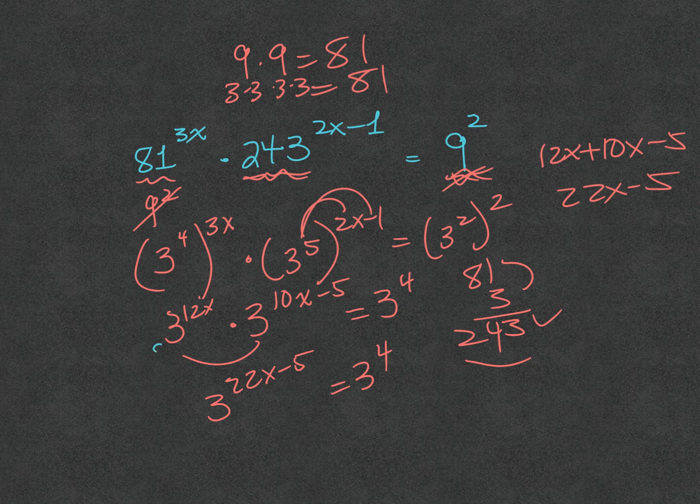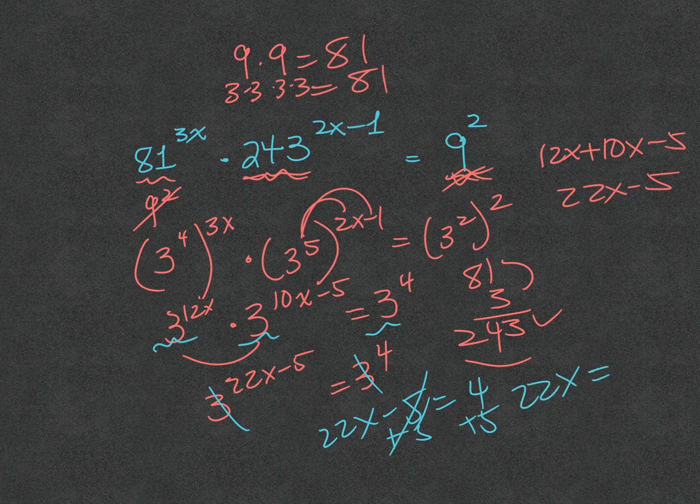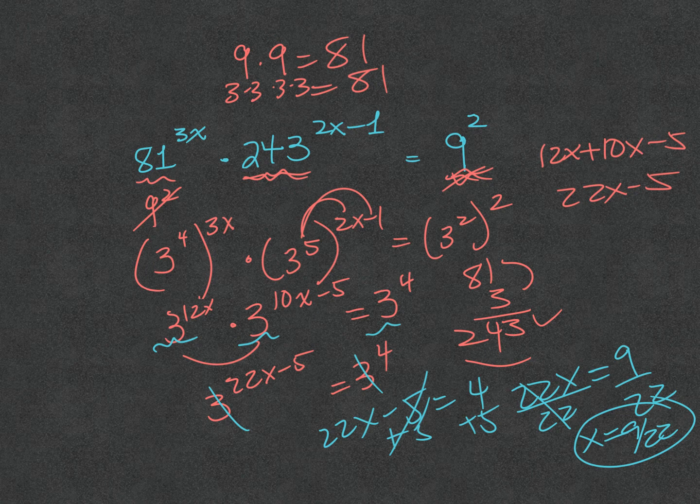You see here you have 2 and here you have 1. You're not there yet. It needs to be one base on each side. So then I'm going to put my 22x minus 5 equals 4. Let's add 5 to both sides. 22x equals 9. x equals 9 over 22. There you go. I hope this helps a little bit.